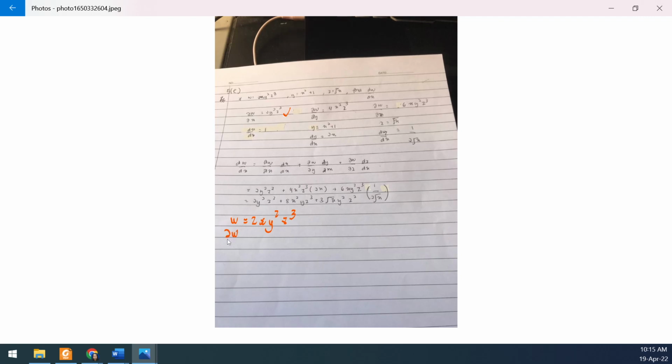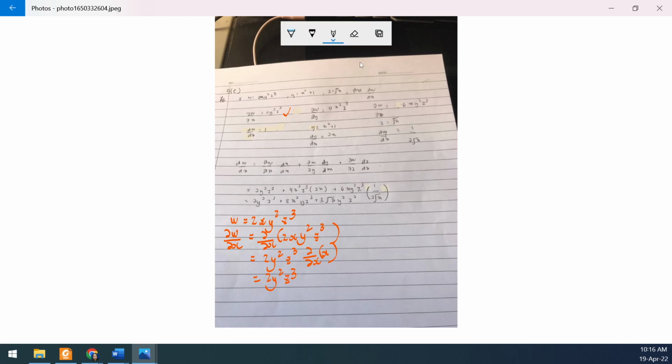So ∂w/∂x, you take ∂/∂x of 2xy squared z cubed. When you take ∂/∂x, 2y squared z cubed is constant. You factor out, so you get 2y squared z cubed, and then ∂/∂x of x gives 1. That's why 2y squared z cubed. The first one is correct.